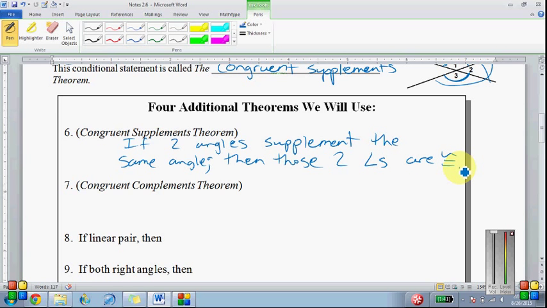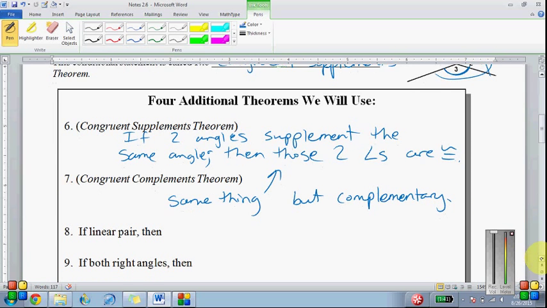So if two angles are supplementary to the same angle, just like we had 1 was supplementary to 2 above and 3 was supplementary to 2, then those two angles, 1 and 3, are congruent to each other. The congruent complements theorem says the exact same thing as this, but with complementary angles. So if two angles are complementary to the same angle, then those two angles are congruent to each other.